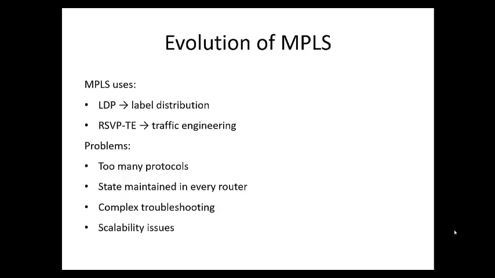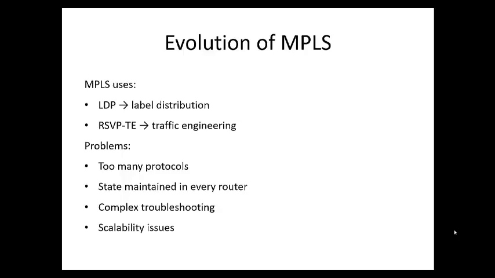And states are maintained in every router. What does that mean? We have a local label and an outgoing label, and that is for every prefix. On every router, for every prefix, you have different locally generated labels.